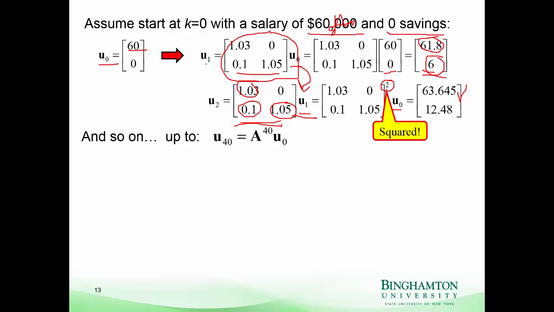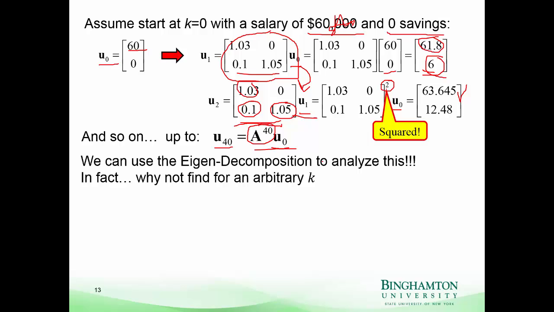And each time we would just say, well, if I want to know U40, how much I have after 40 years of work, can I retire now? We could take our starting salary, take our A matrix, raise it to the 40th power, and multiply that. Now, you could be sitting around all day taking A times A times A times A times A. How do we find A to the 40th power in a simple way?